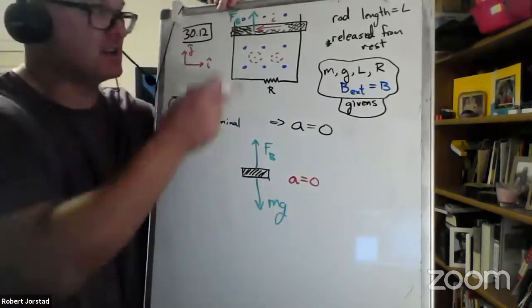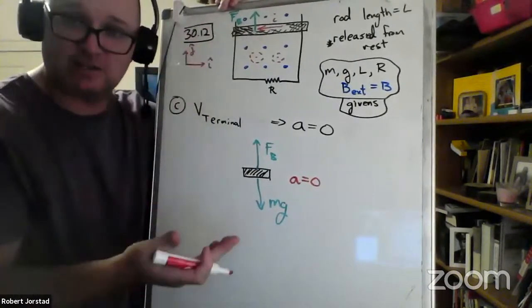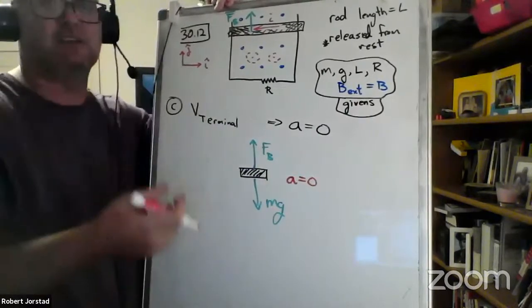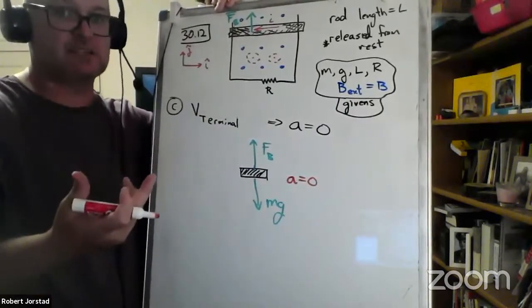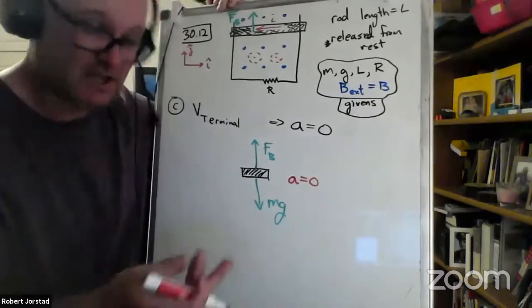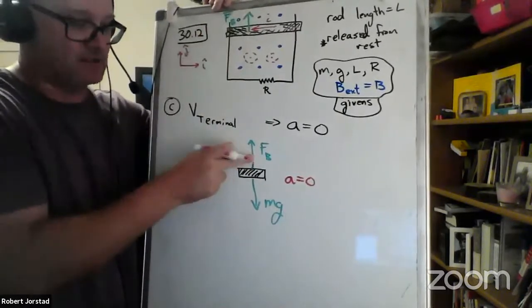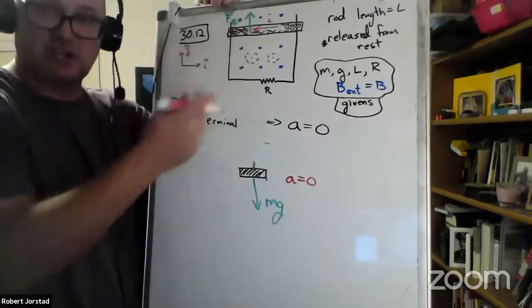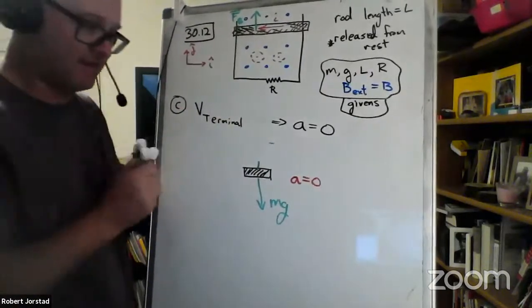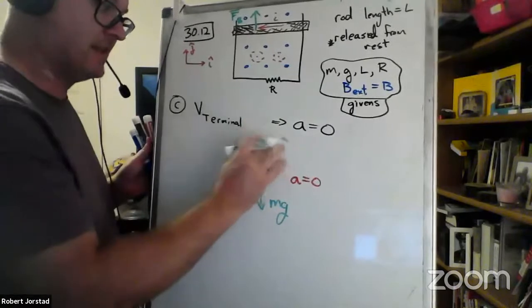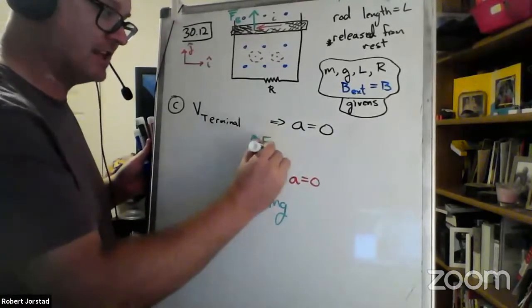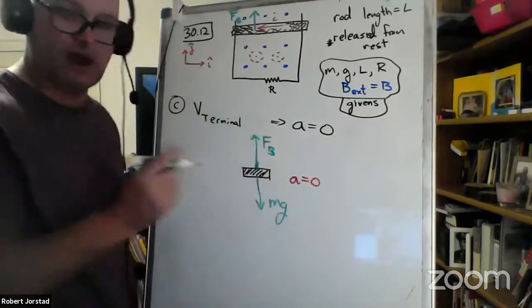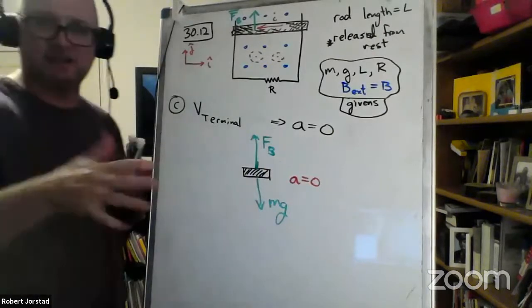So how much is the flux going to change? Not much. If the flux isn't changing that much per unit time, you don't have much voltage. So you don't have much current, so you don't have much magnetic force. You're still accelerating. At some point, this gets changing so fast that eventually this magnetic force gets so large it can actually counteract the effects of gravity. Did that make any sense, maybe?